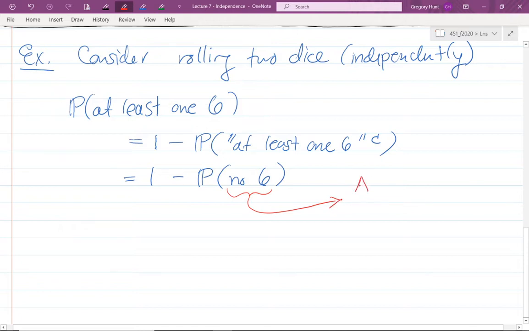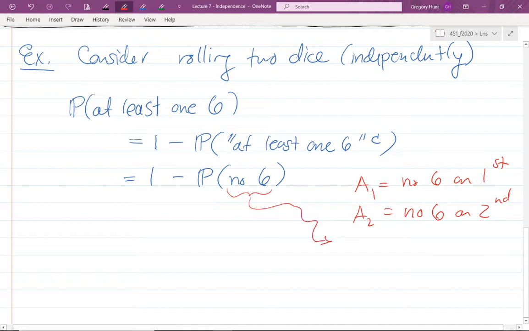If I let A1 be no 6 on the first roll, and A2 equals no 6 on the second roll, then my event of no 6s is no 6 on the first intersection no 6 on the second.